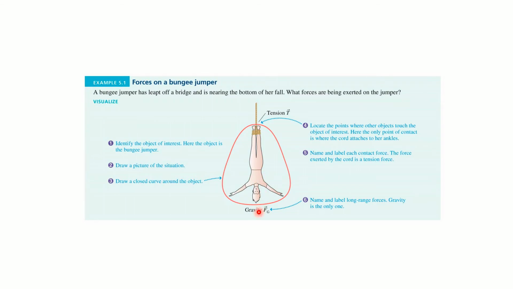The last thing we would do is, all right, what about long range forces? Presumably, you're on Earth. So there's going to be a force of gravity, a long range force pulling us down towards Earth.